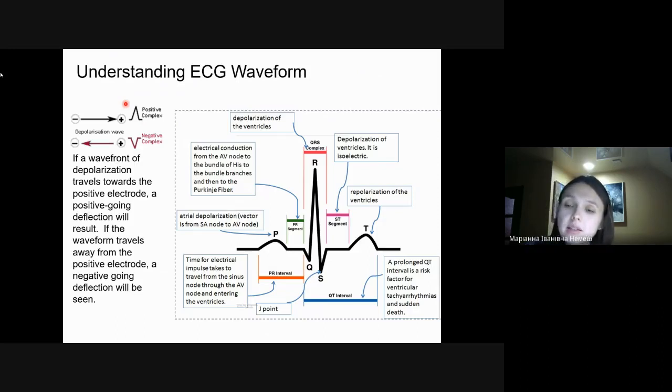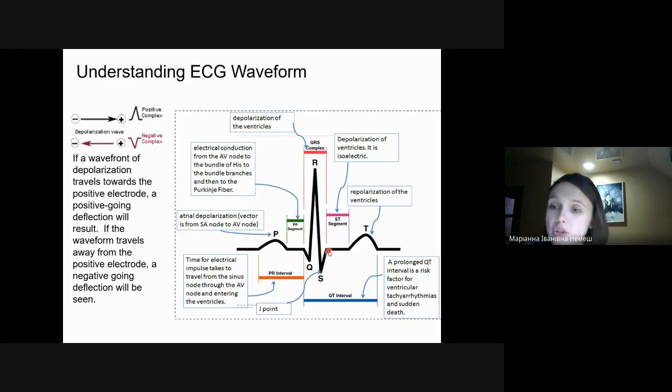The next wave, which mainly describes the depolarization of the ventricles, is the R wave. Its amplitude could be different, from 0.8 to 1.2 millivolts. After the R wave comes the S wave, which continues the depolarization of the ventricles.